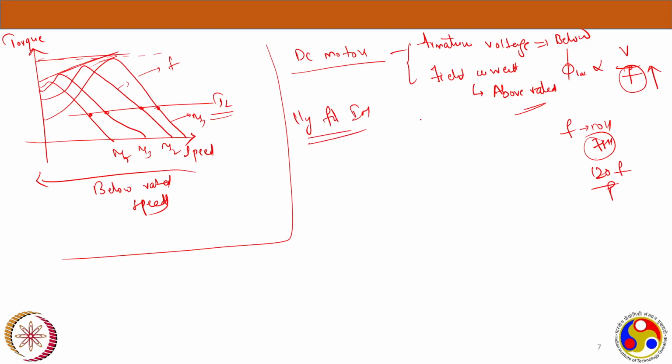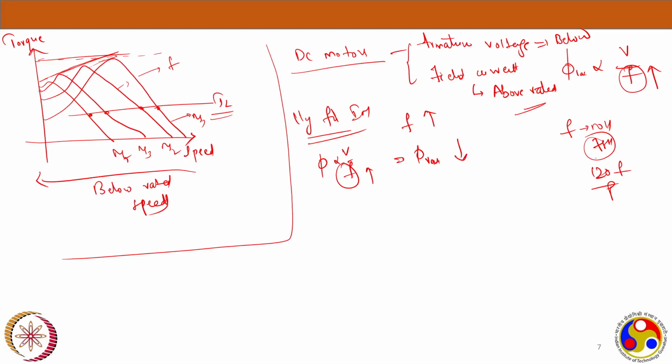Now, I can increase the frequency, right? Flux is proportional to V by F. Now I have increased the frequency. What happens to my rated flux requirement? It will decrease. So is there any problem if your rated flux requirement decreases? No, there isn't.